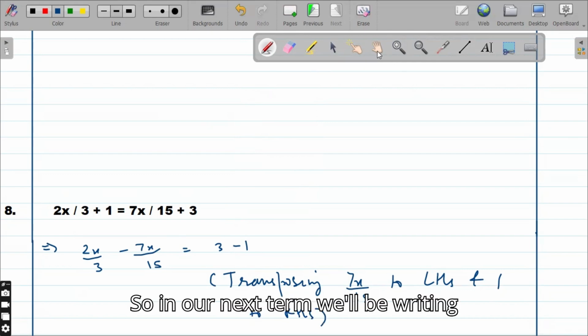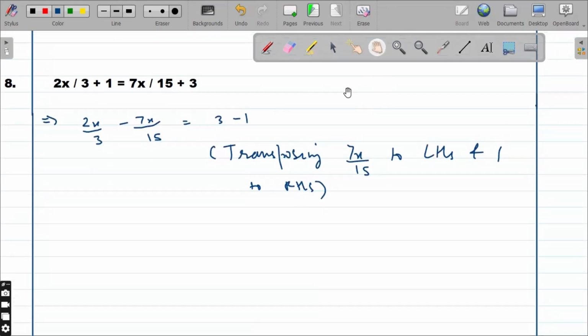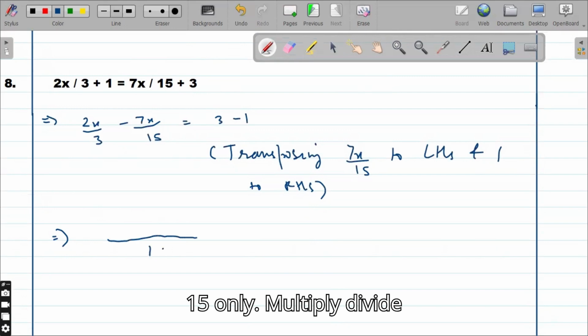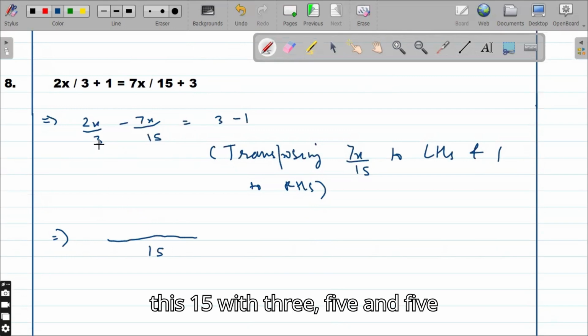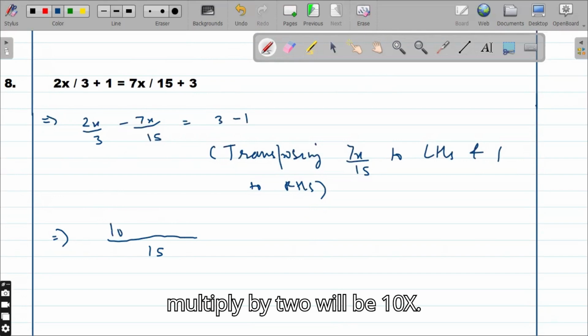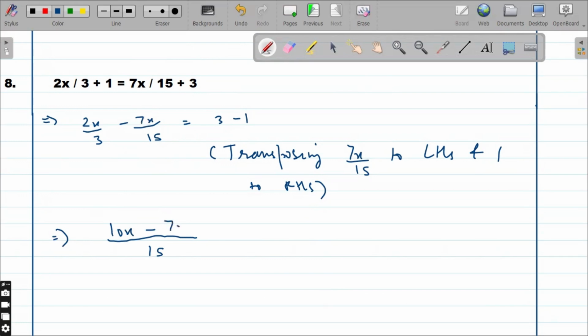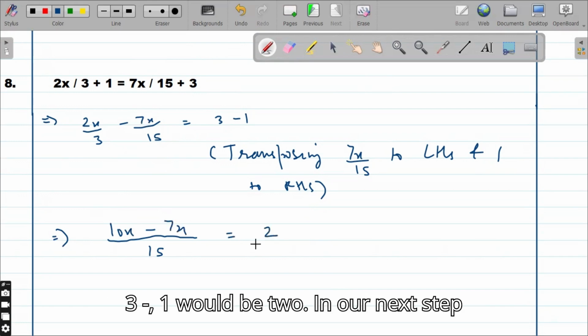So in our next step, we'll be writing what we will have. The LCM of 3 and 15 will be 15 only. Divide this 15 with 3, 5, and 5 multiplied by 2 will be 10x. Again, divide this 15 with this 15, 1, and multiply 1 with 7x. 3 minus 1 would be 2.